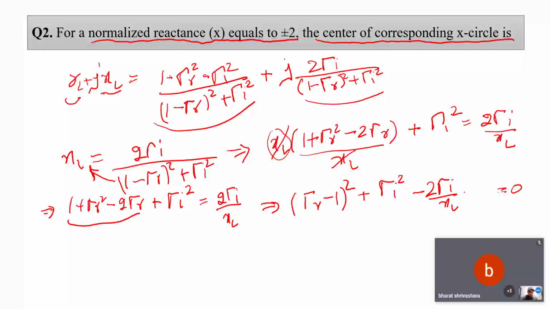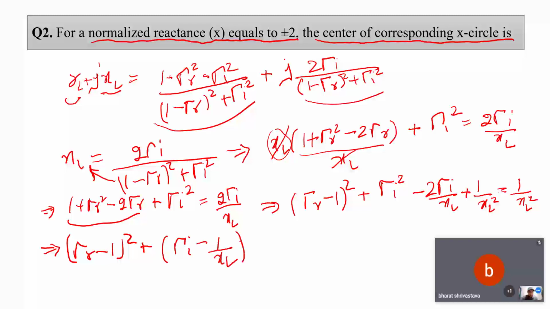We can add 1 over xl square on both sides. So this becomes (gamma r minus 1) square plus (gamma I minus 1 over xl) square is equal to (1 over xl) square.